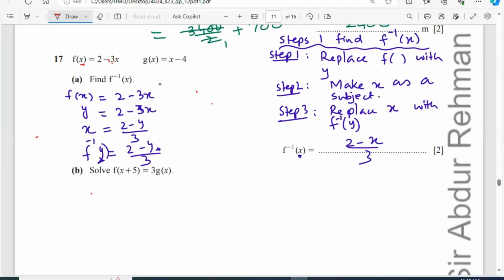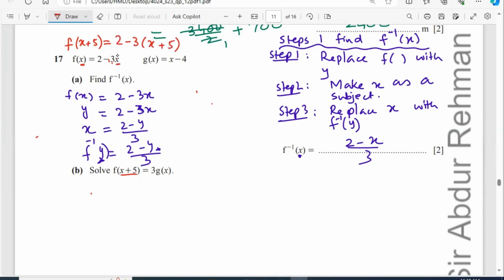Replace x with x plus 5, so f of x plus 5 equals 2 minus 3 times x plus 5.